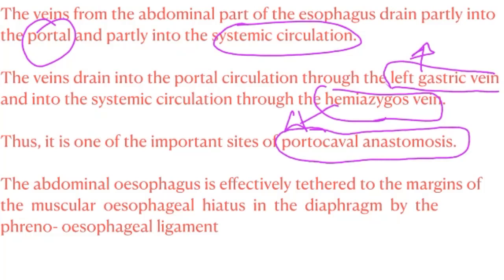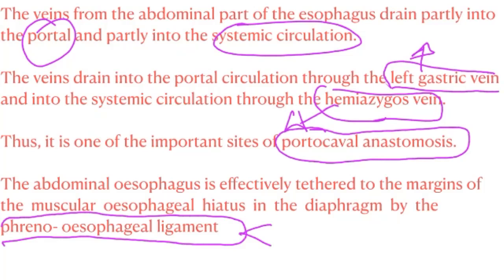The abdominal esophagus is effectively tethered to the margins of the muscular esophageal hiatus in the diaphragm by the phrenoesophageal ligament. You have to remember this, right? Again, it has two components, we'll look at that.